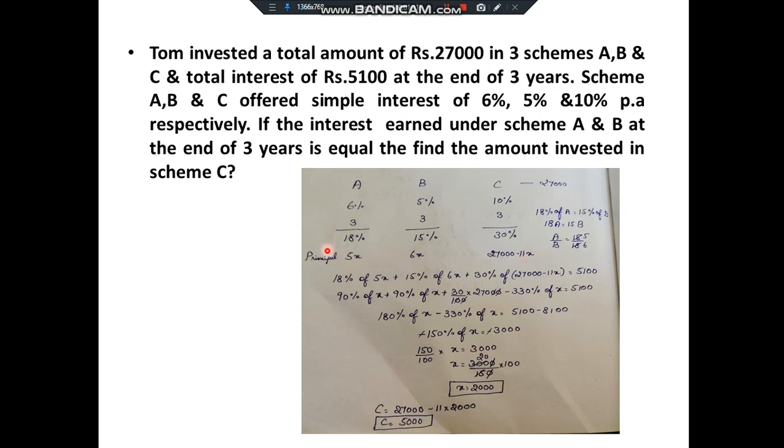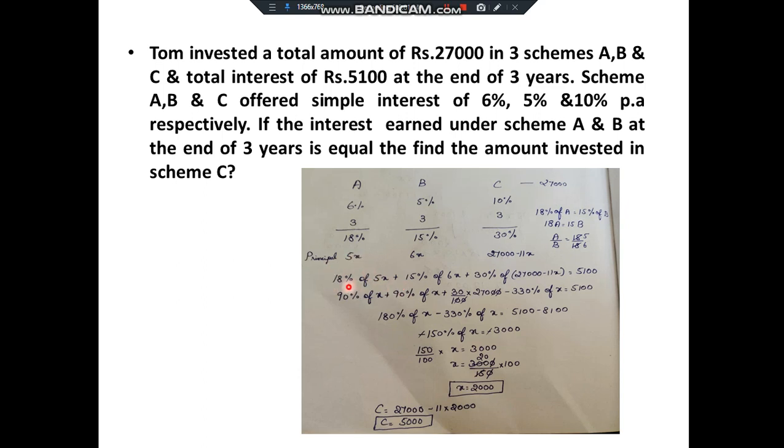So 18% of 5x plus 15% of 6x plus 30% of 27,000 minus 11x is equal to 5,100. So 18% of 5x is nothing but, how will we solve this? You just no need to go like 18 by 100 into 5x. Don't do that. 18 into 5 you do.